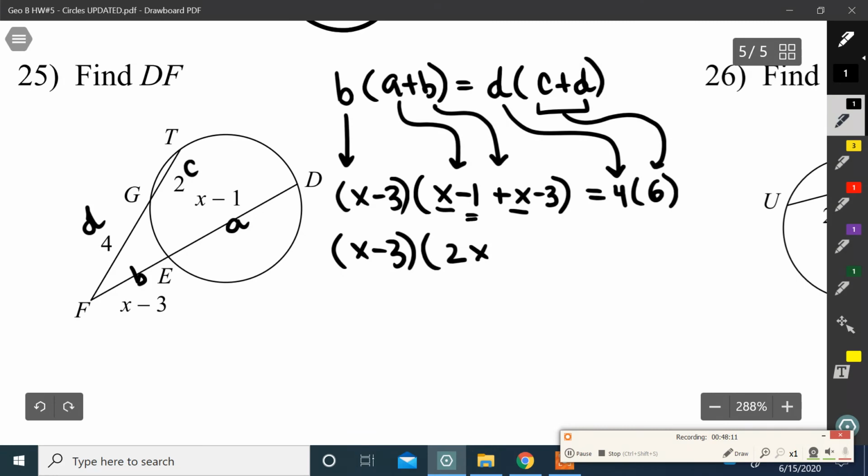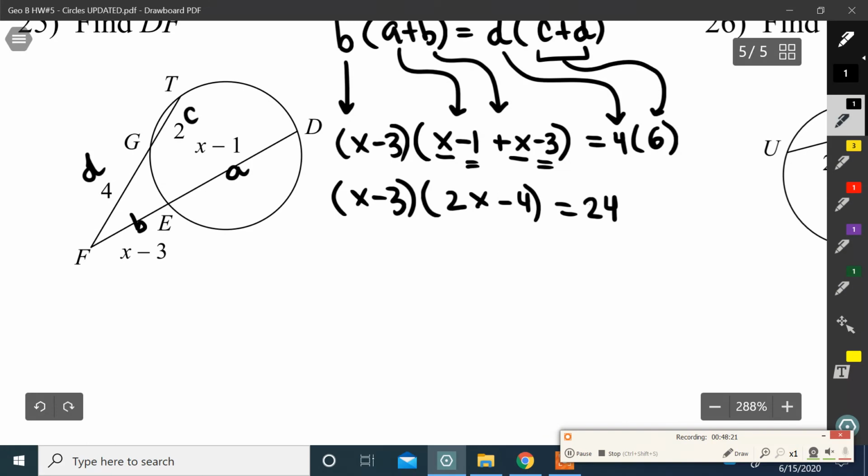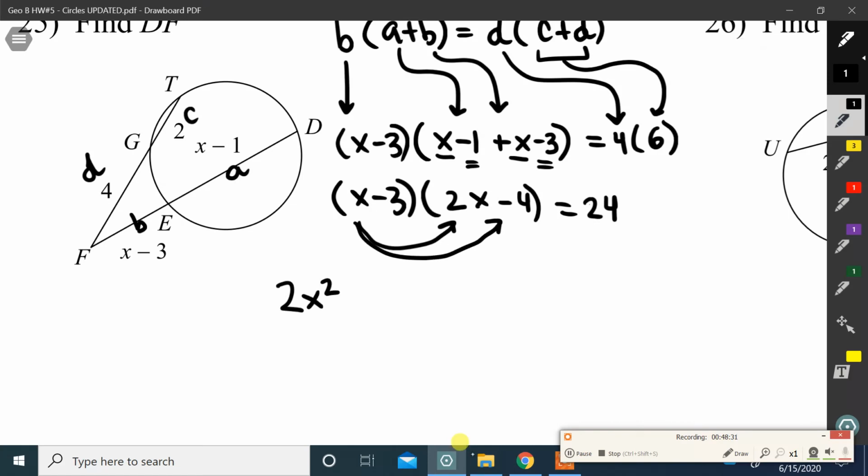Now we have negative 1 plus negative 3, which will be negative 4. That is equal to 4 times 6, which is 24. Now let's go ahead and multiply. We have x times 2x, which is 2x squared. We have negative 4 times x, which is negative 4x.